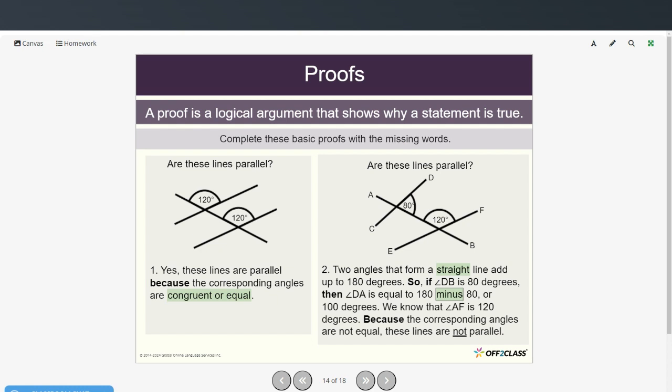We know that angle AF is 120 degrees. Because the corresponding angles are not equal, the lines are not parallel. So this is the way that you would prove that these two lines are not parallel.